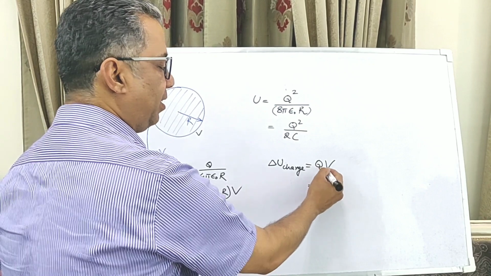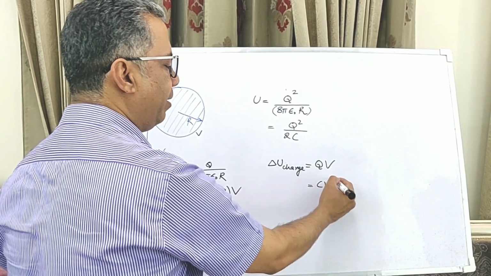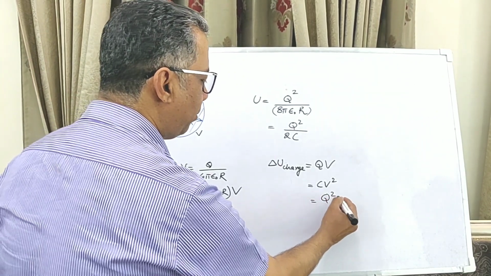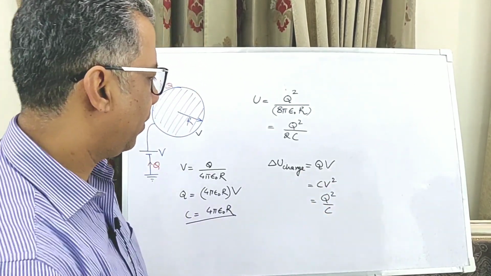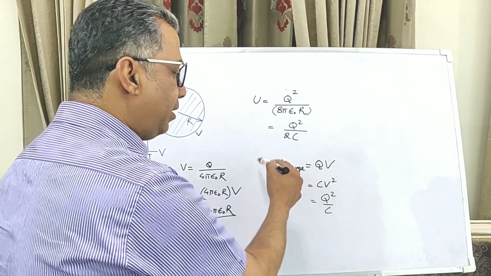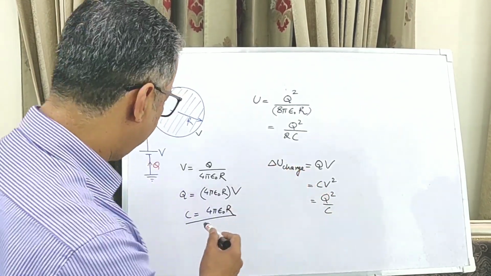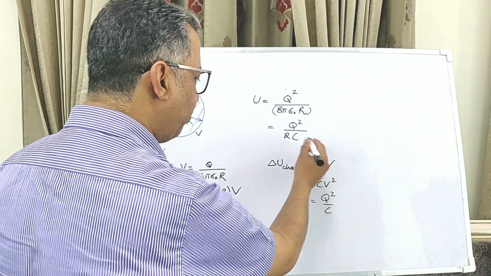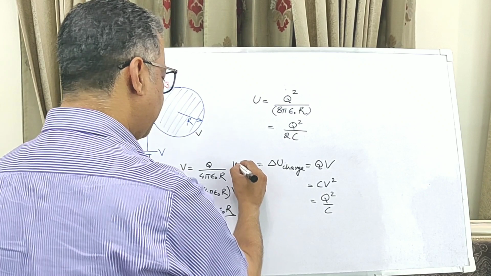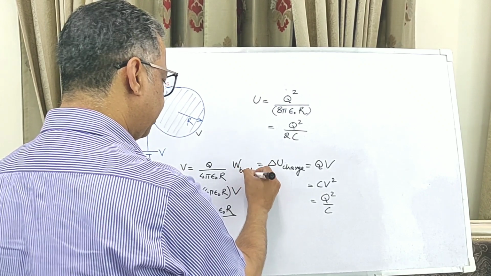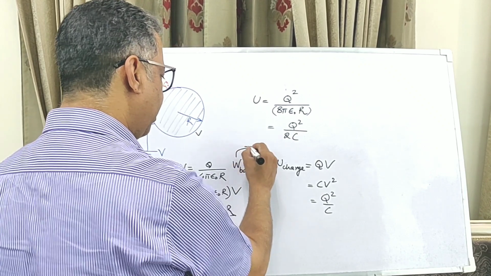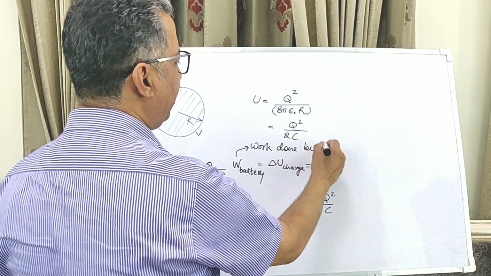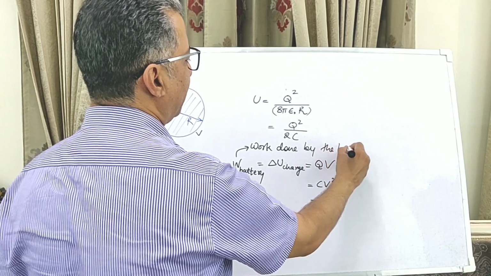This is CV times V, and so CV square, or you can say Q square by C. This increase in potential energy of the charge was achieved by the battery, and therefore this is also the work done by the battery.